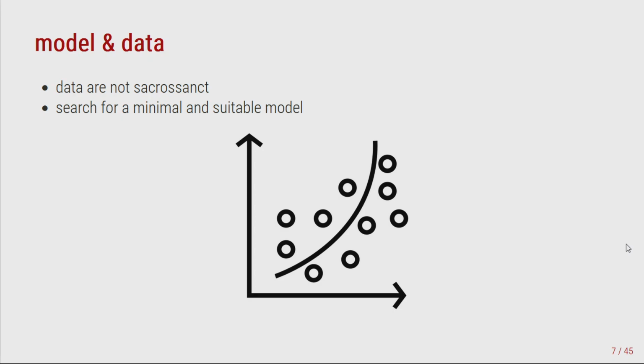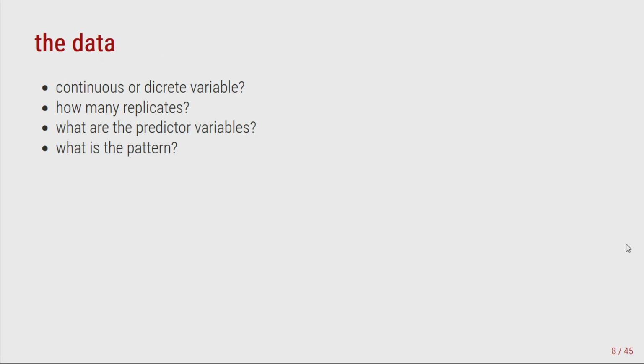And we want to understand that truth behind the data. And a common concept in statistical modeling is that we search for a minimal suitable model. This does not mean that we are always searching for the simpler model, but the simpler model that fits well to our data. This is the concept behind it.